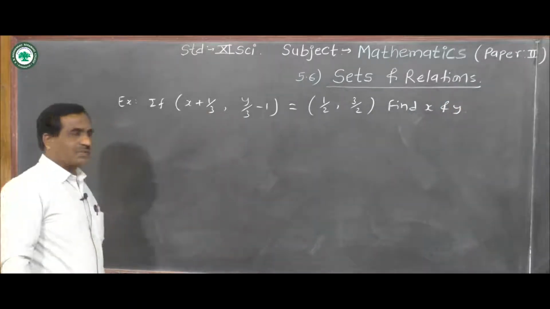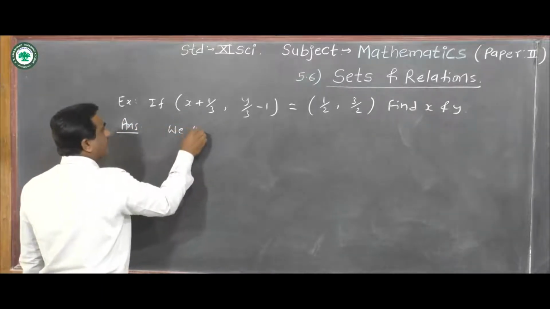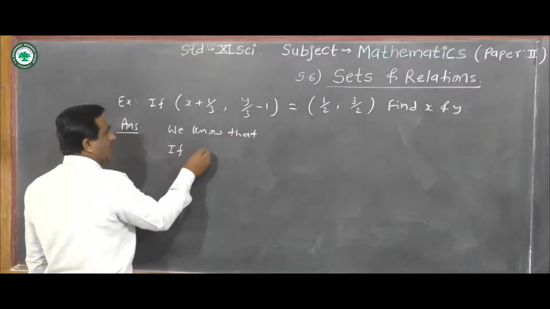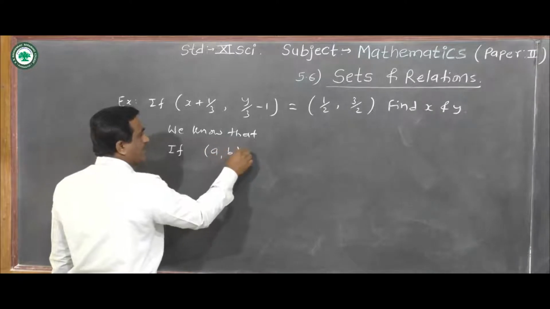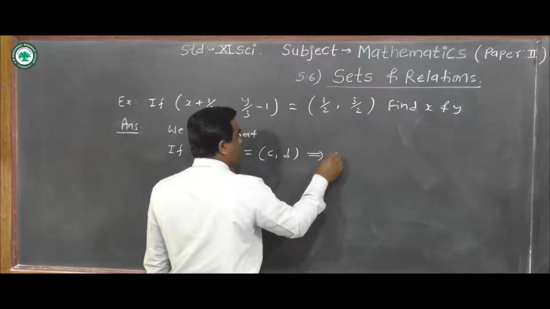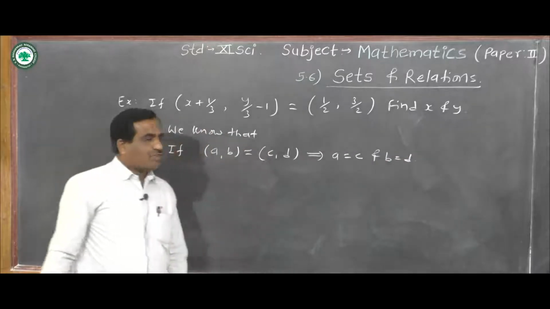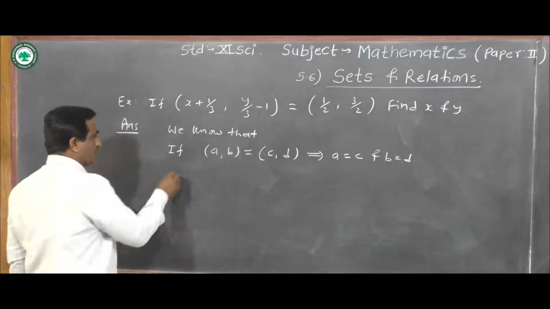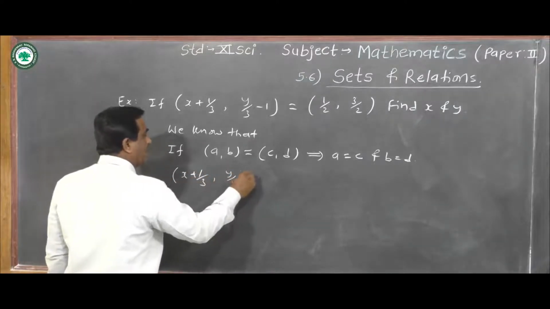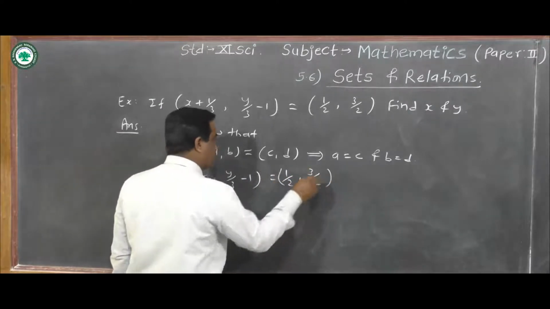Now we see the answer for this example. We know that if ordered pair (A, B) is equal to ordered pair (C, D), this implies that A is equal to C and B is equal to D. By using this property, we can write for this (x plus 1 by 3, y by 3 minus 1) equal to the ordered pair (1 by 2, 3 by 2).